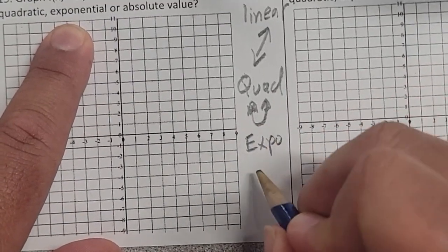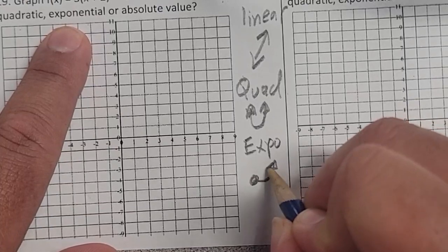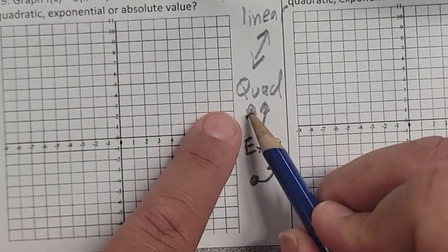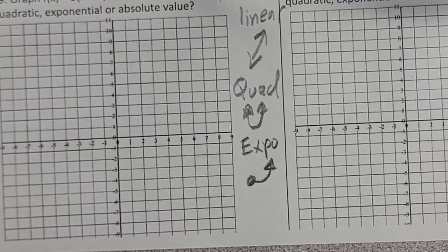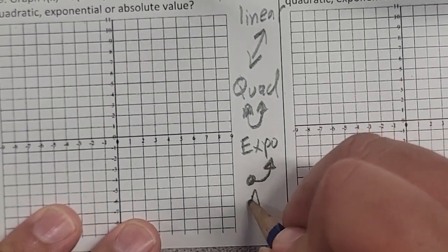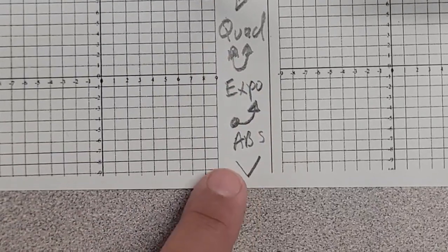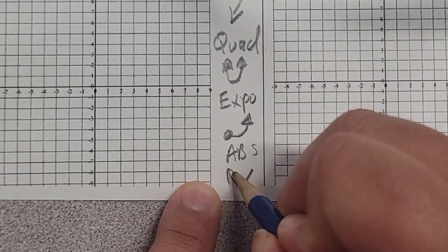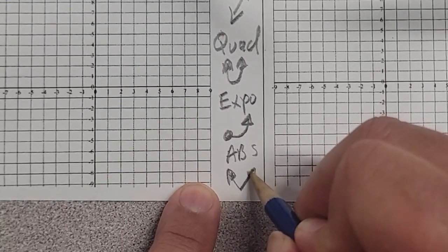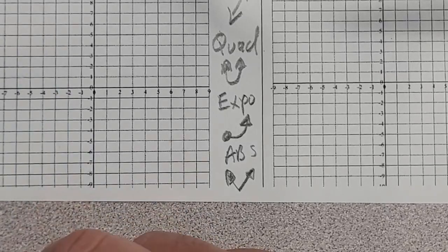An exponential looks like a dot with an arrow. So on quadratic, this is an arrow, this is an arrow, this is a dot with an arrow. It looks like an L, I guess. And last one, absolute. It looks really sharp like a V, right? It's almost the same, but this one is sharp. This is smooth. Okay, so just copy that down.